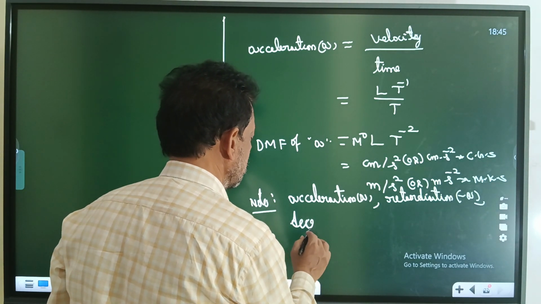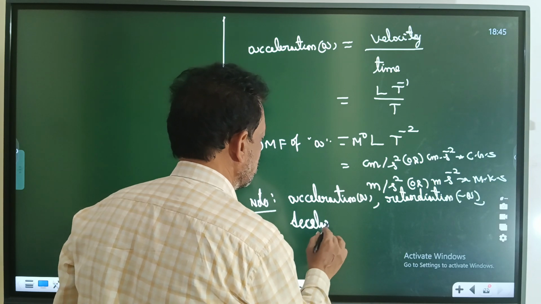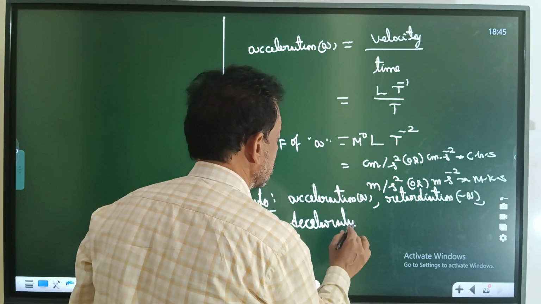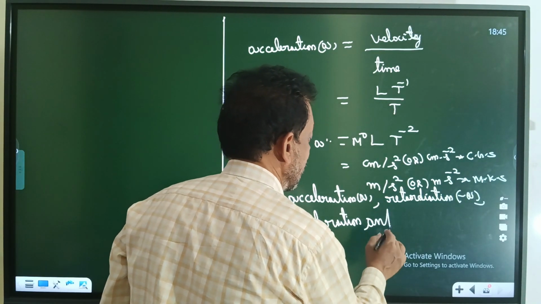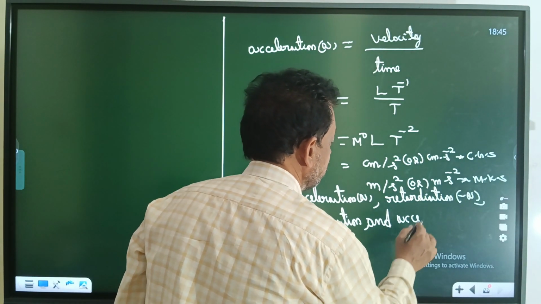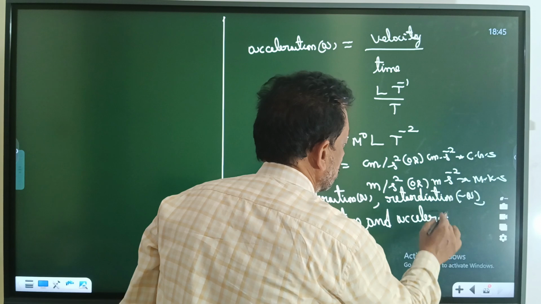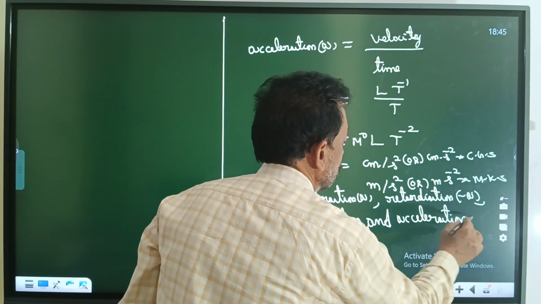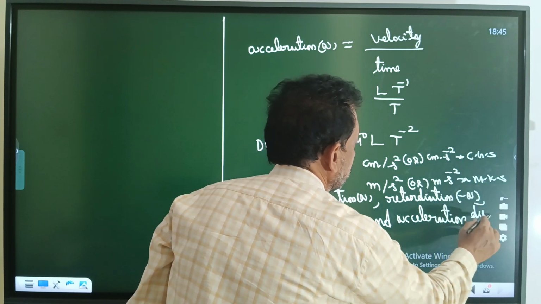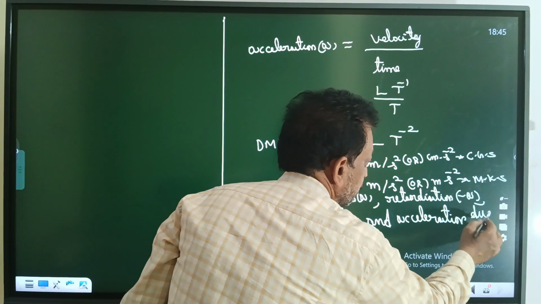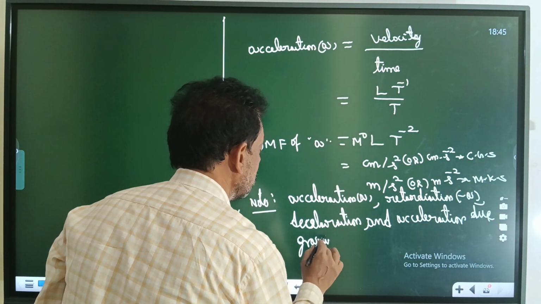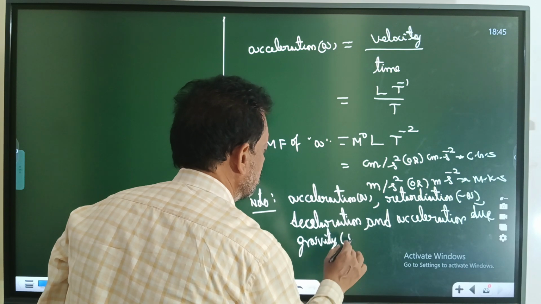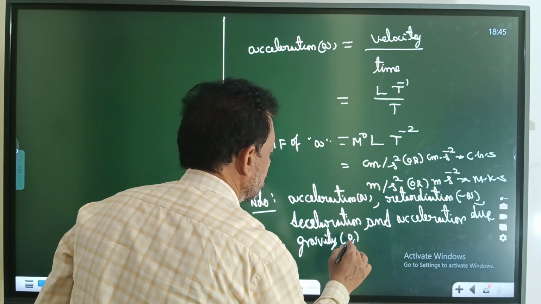And the acceleration due to gravity, within a bracket small g.